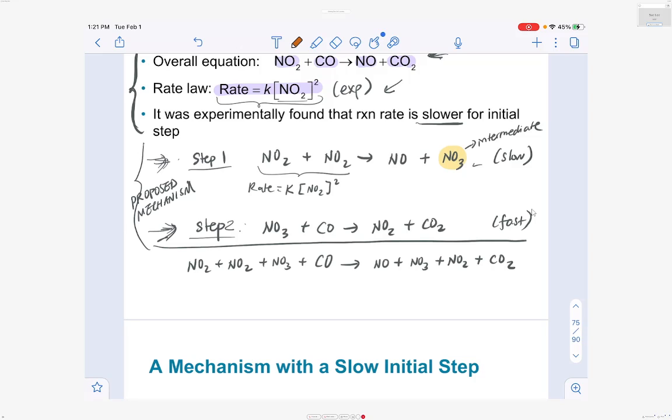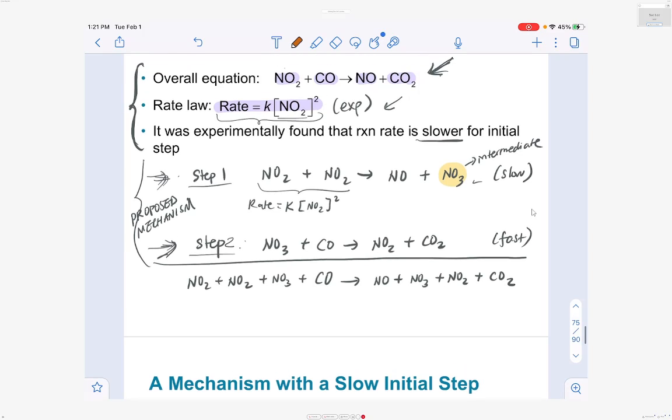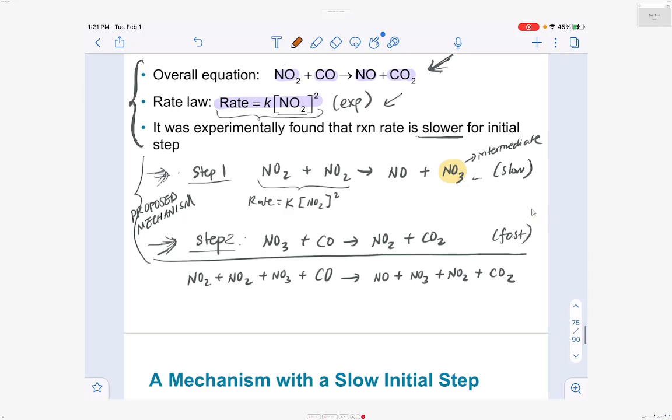Okay. All right, so then the intermediate cancels. These cancel, and you're left with NO2 plus CO.